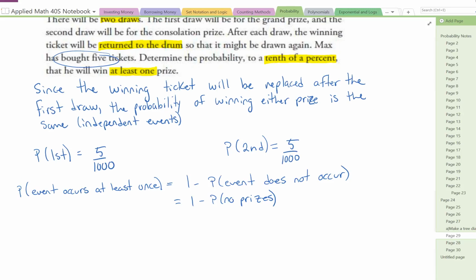Remembering back to our previous lesson, the probability that an event occurs at least once is 1, subtract the probability that the event does not occur at all. So in this case, that's going to be 1 minus the probability of getting no prizes. So getting no prize, not winning, would be the probability of not winning the first and not winning the second prize.